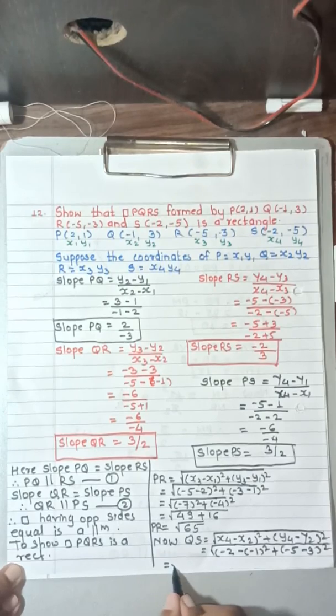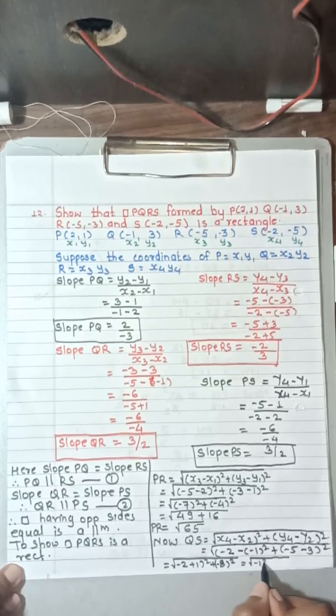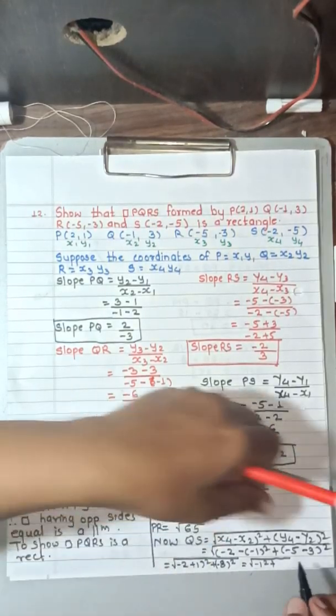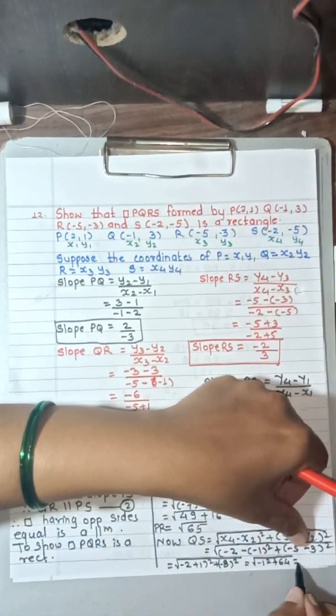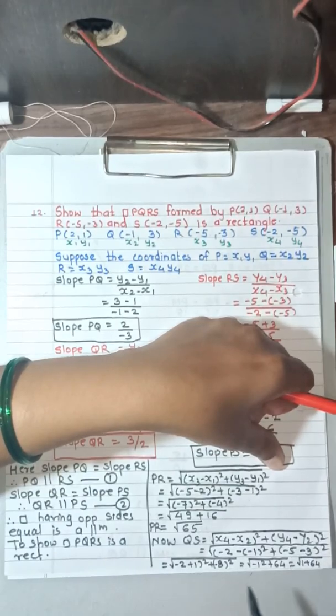Okay, I'll start it from here. That is equal to under root of minus 2 plus 1 bracket square plus minus 8 square. That will be equal to, now minus 2 plus 1, that is minus 1 square plus 64. That is equal to under root of 1 plus 64. I'll write it down here.